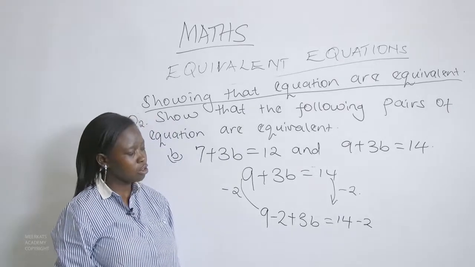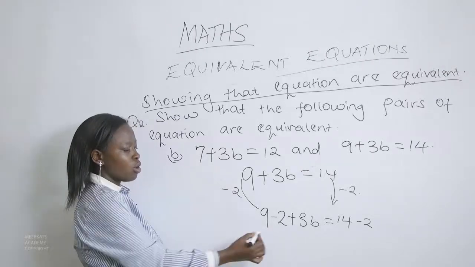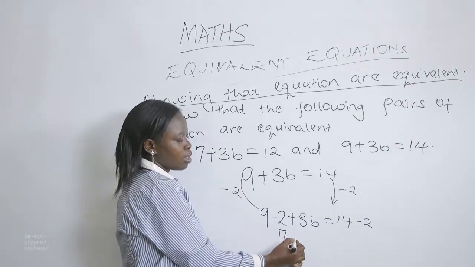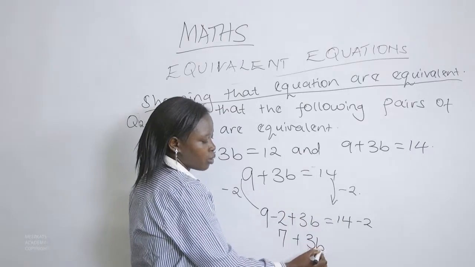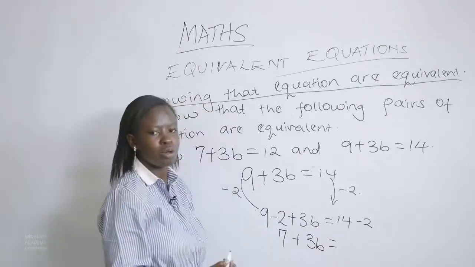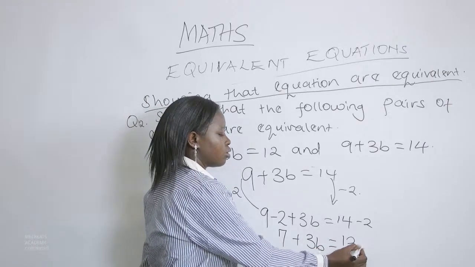So subtracting 2 on both sides, we obtain 9 minus 2 gives us 7 plus 3b will be equal to 14 minus 2 gives us 12.